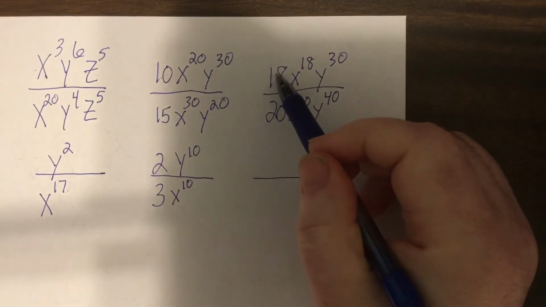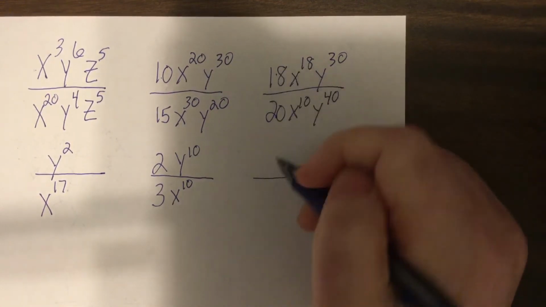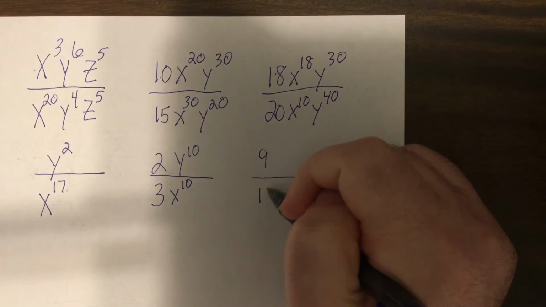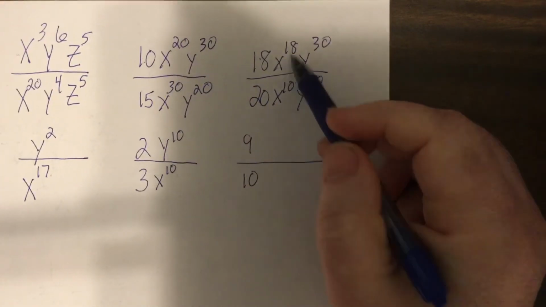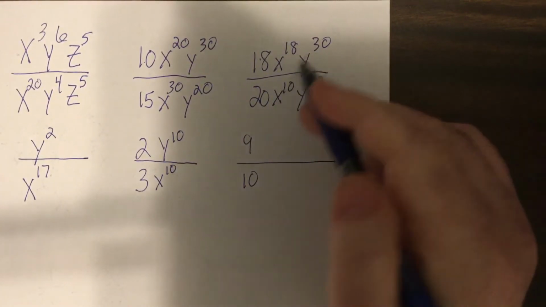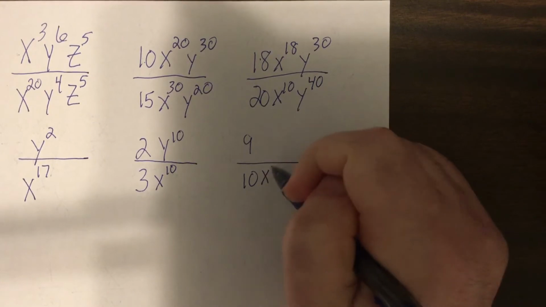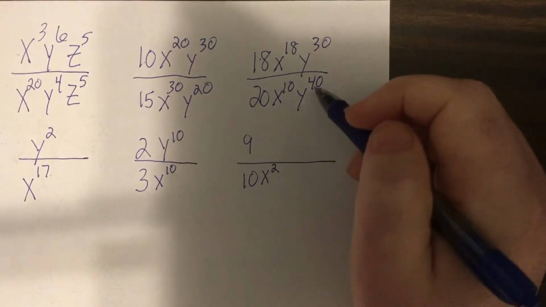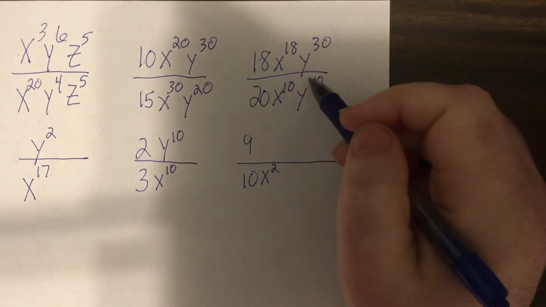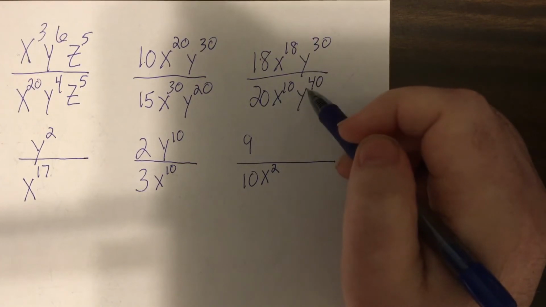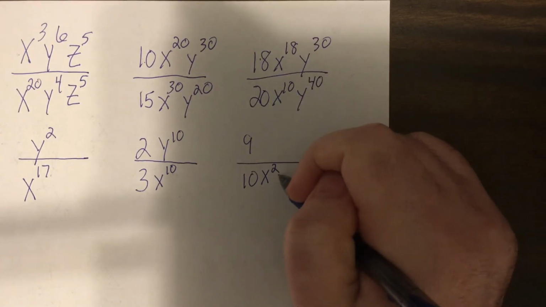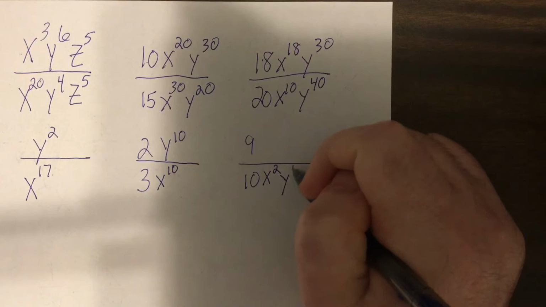Okay, so 2 divides into both nicely, so that'd be 9/10. Then 18 of these cancel with 18 of these, so you'd have 2 left over. 30 of these cancel with 30 of these, so you'd have 10 left over.